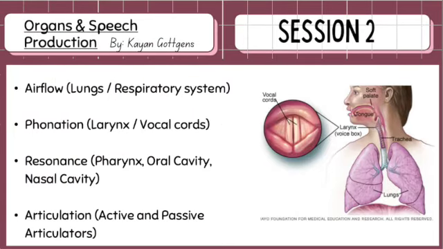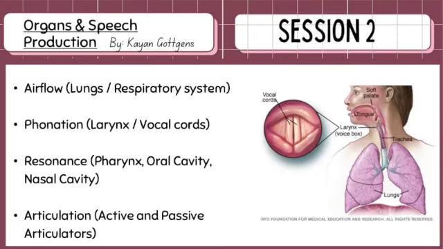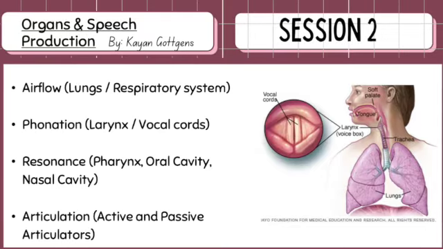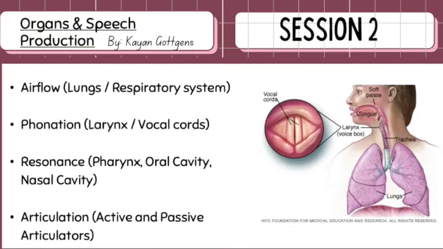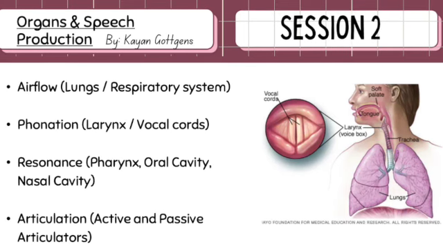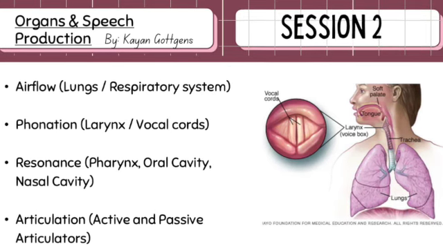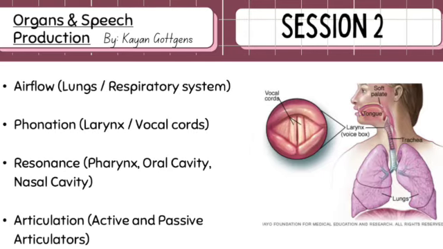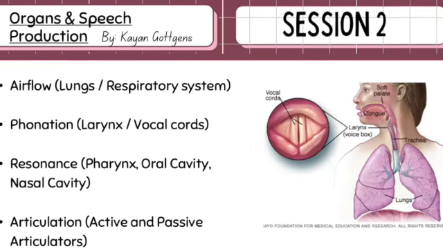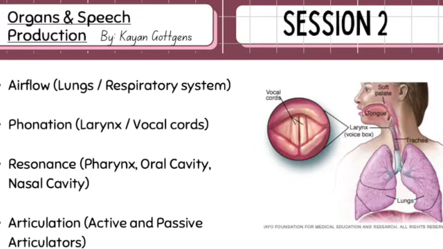Hi everyone, this is Kayan Goggins. This session introduces how the organs of speech work together to produce the sounds we teach in the classroom. Understanding this system helps trainee teachers teach pronunciations clearly and correct learners' speech errors. Speech begins with airflow from the lungs, which provides the energy for sound.